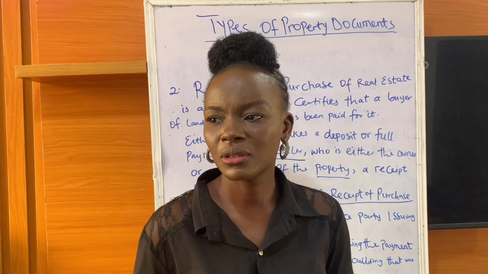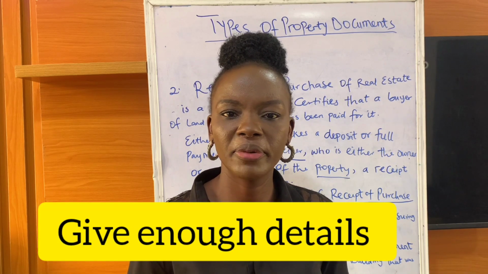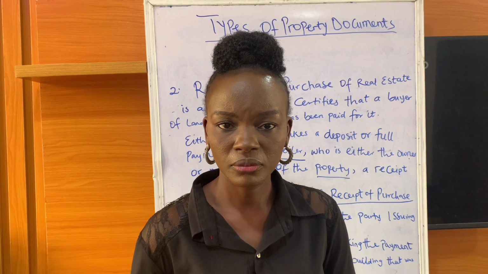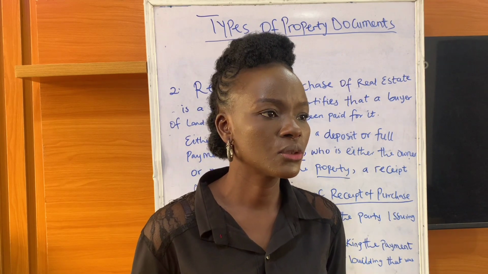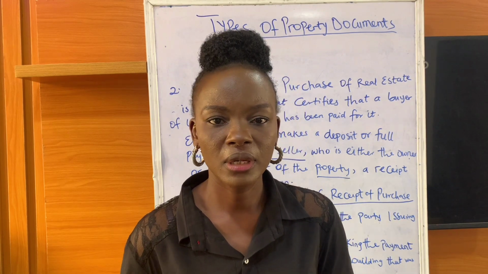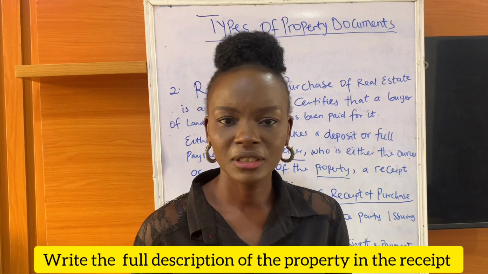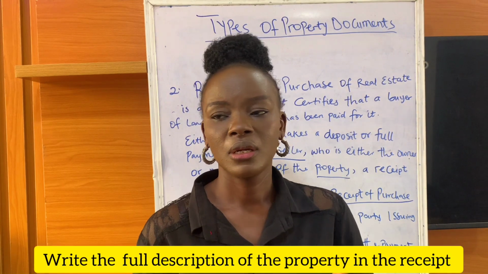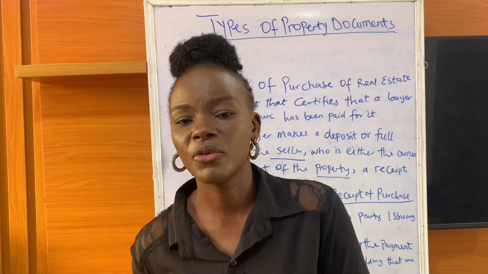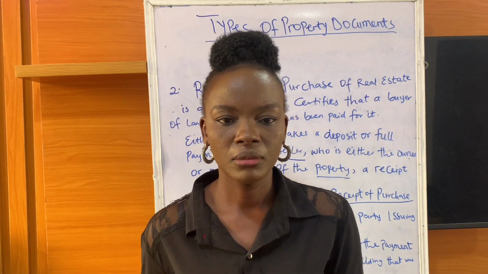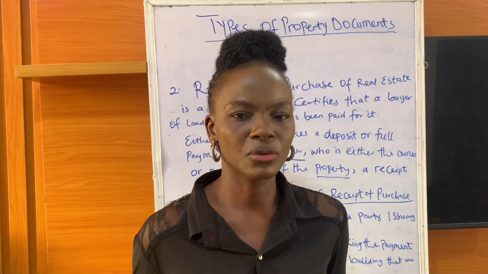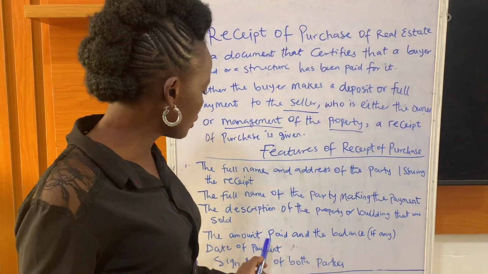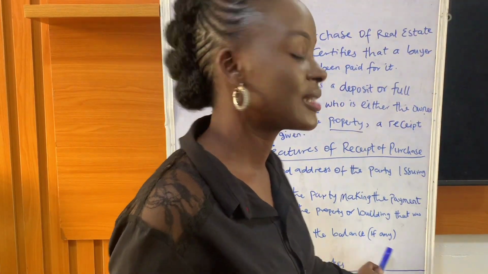Or is it just a land with a small bungalow of 3 bedrooms? The description is located in so. The area where it's located, describe to us. A 5-bedroom located at number 5 William Street, Lagos. You know, details.